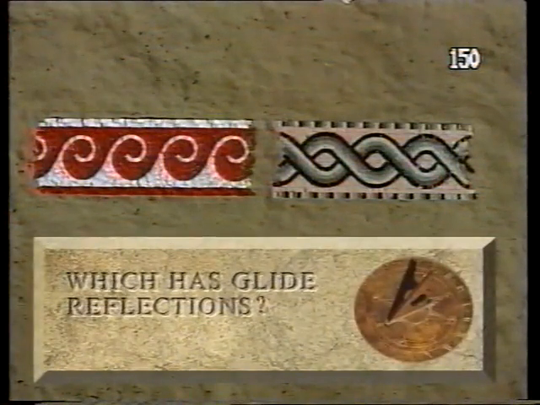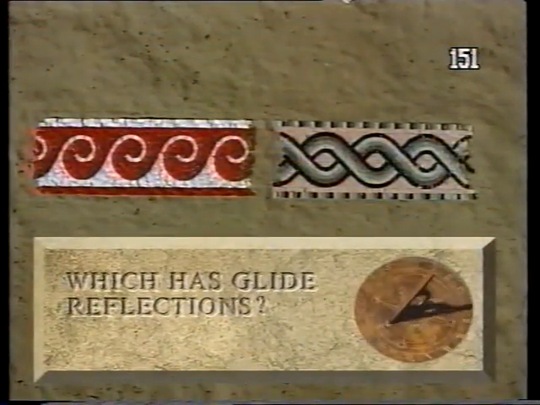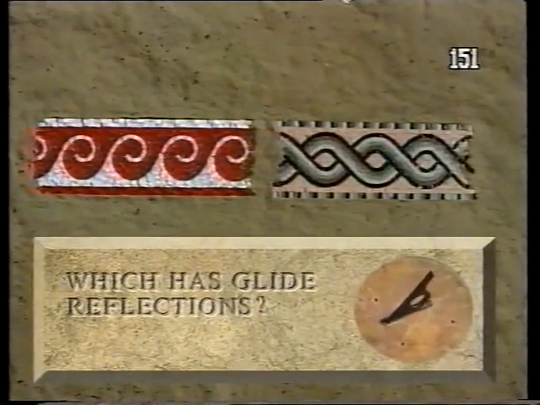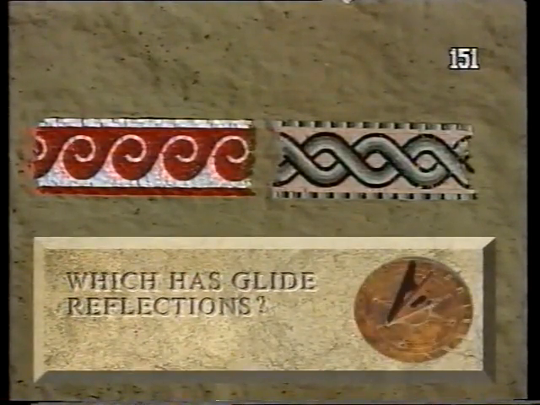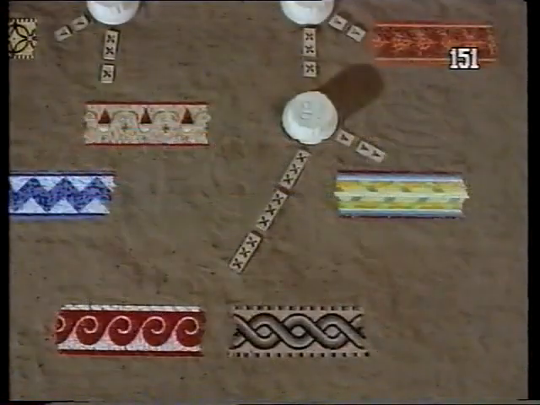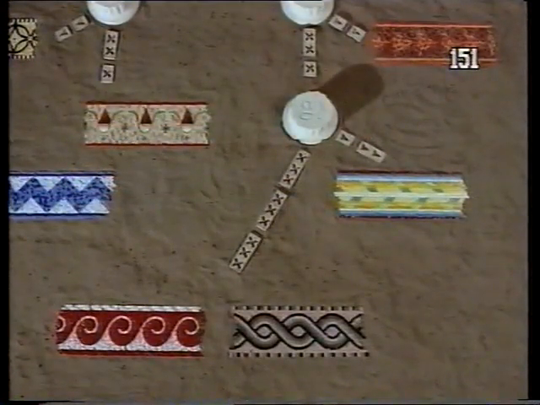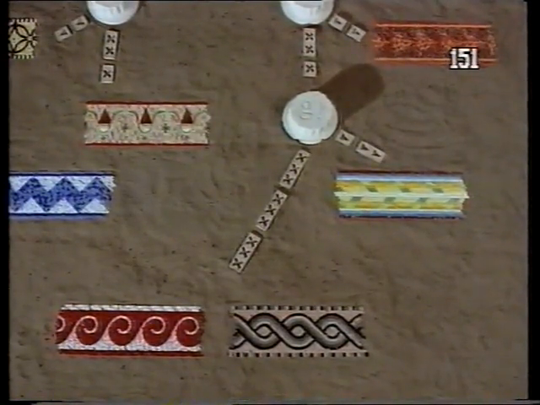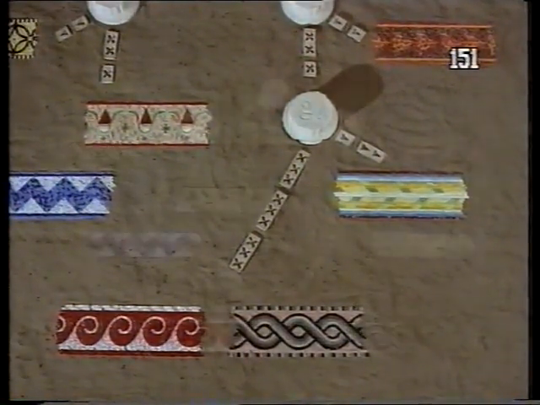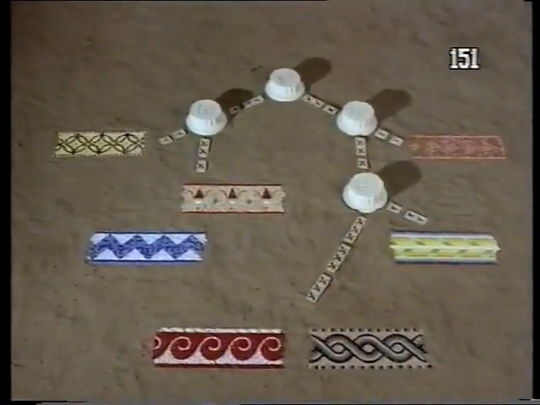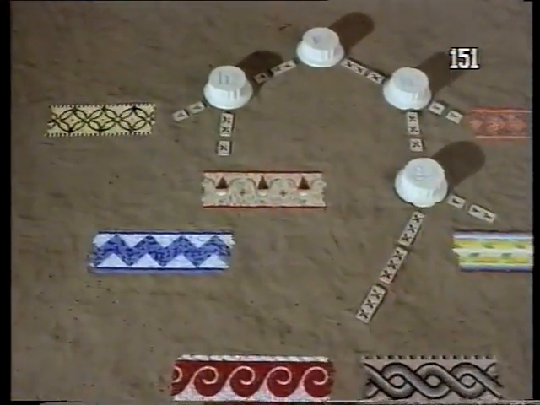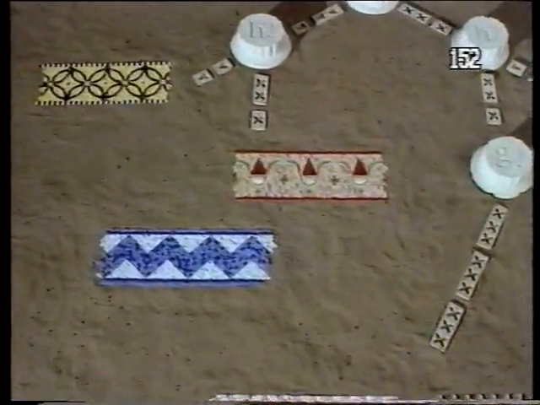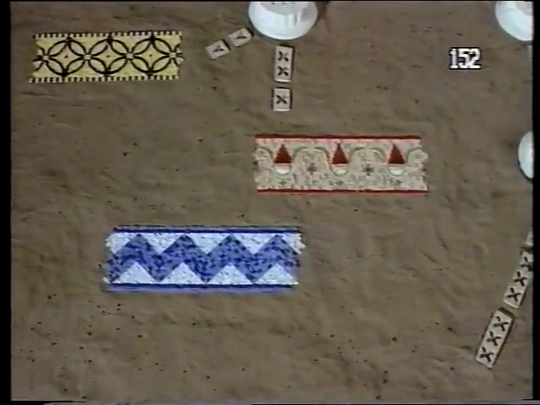Do either of the other two friezes have glide reflections as symmetries? No, they don't. So these two friezes have symmetry groups which are different from the first frieze. So we'll put them in yet another class. And similarly, we can separate the friezes in this class into two further types.